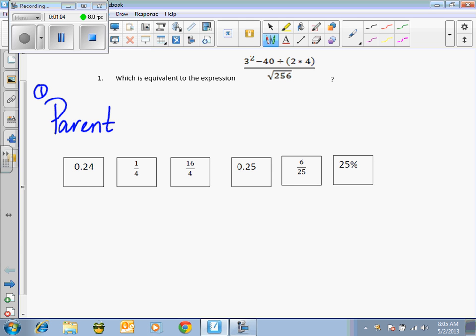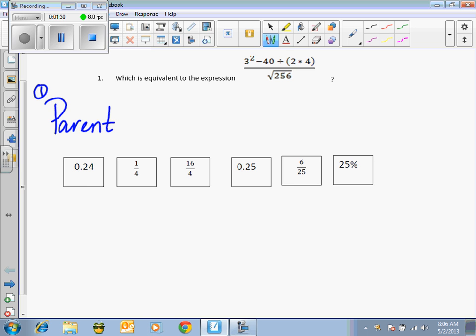It can be the parentheses that you see around that 2 times 4. It can be that big long fraction bar that you see in this problem. That fraction bar is kind of saying, do all of the math above the fraction bar, and then do all of the math below the fraction bar, and then finally you can divide. But you can't divide until you do all of that math.